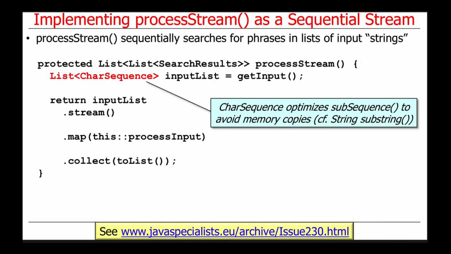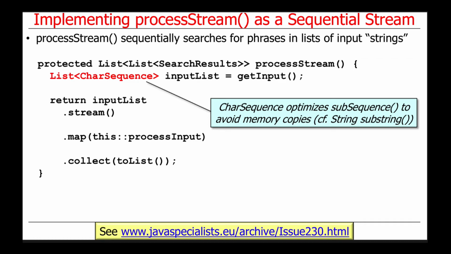GetInput returns a list of character sequences. We use character sequence instead of string because a string's substring method actually makes a copy. When you call substring on a string, it makes a copy of the data, which can be rather expensive. In contrast, subsequence on a character sequence doesn't need to make a copy.